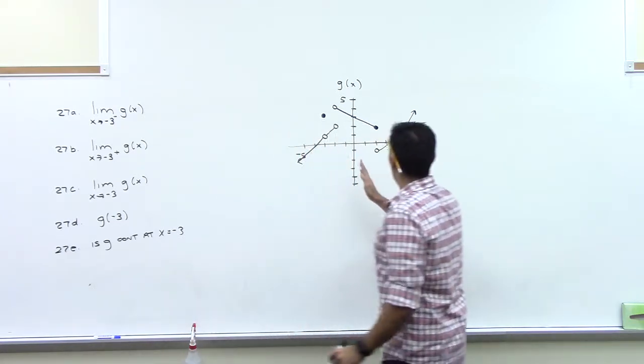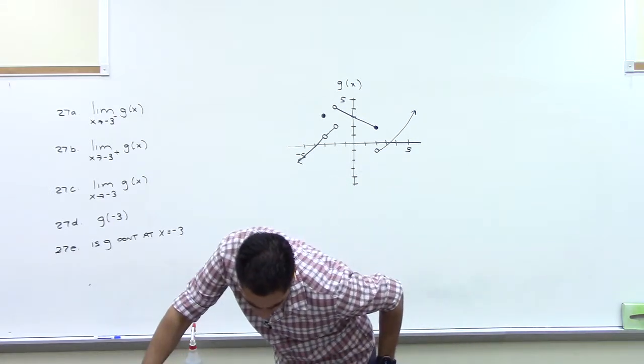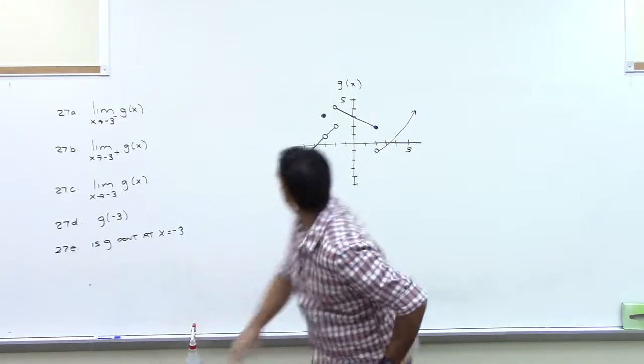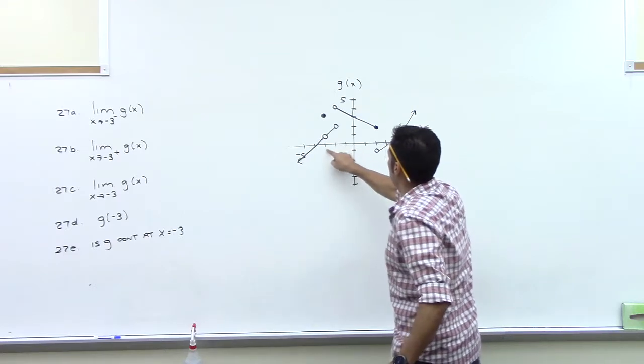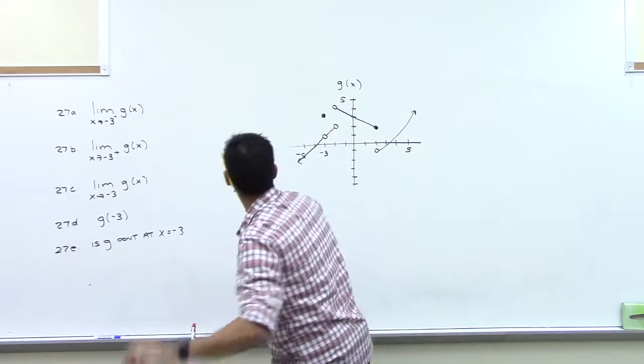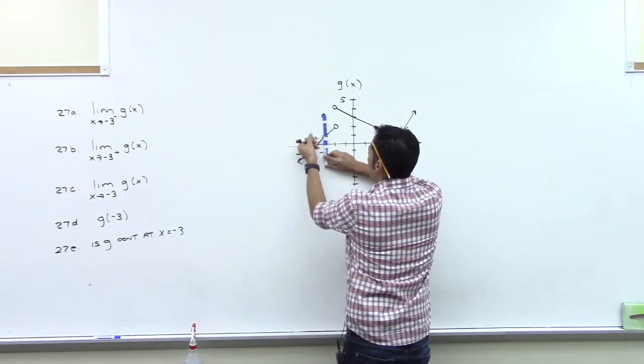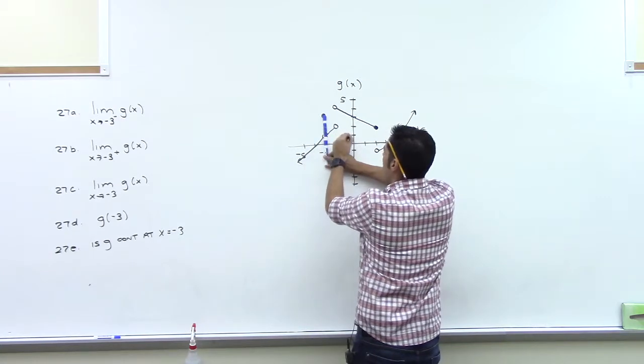So let's go over here. What is it, 3? Did I draw this right? Oh, -3, sorry. We're going -3. 1, 2, 3. So we're looking at -3 here. And we're approaching from the left first. So as we come in from the left, looks like the y value is getting closer to 1.